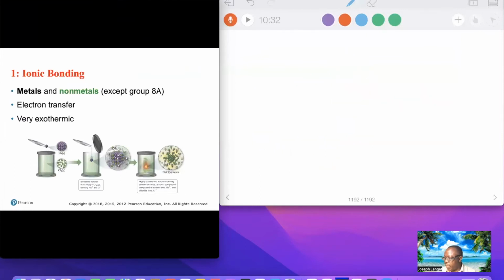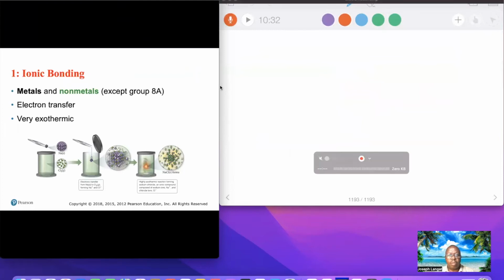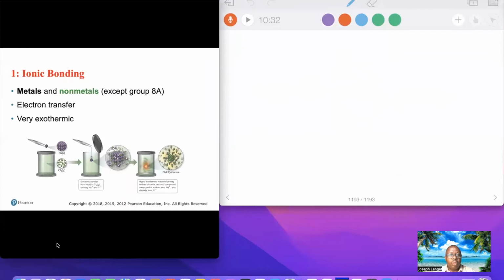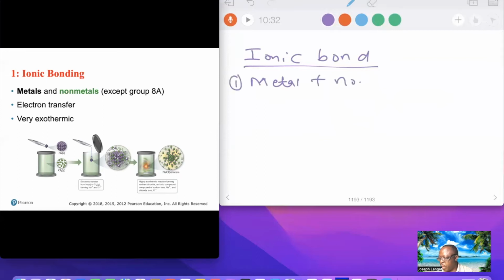Let's go back and dive into ionic bond. I explained earlier, when I was giving you examples of chemical bonds, that an ionic bond is made up of two things: metal plus non-metal, or metal plus polyatomic ion.